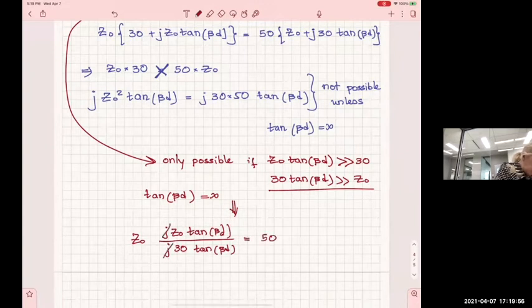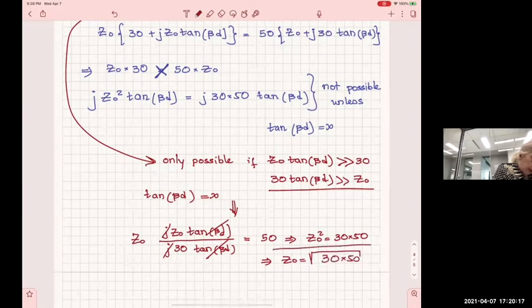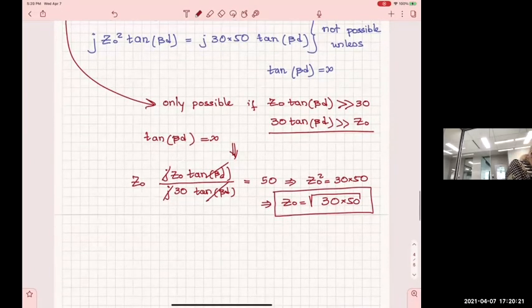This one goes, this one goes. So what I have from here is Z naught squared equals Z L times 50. And from here, Z naught is the square root of Z L times 50 that I found there for Z naught.